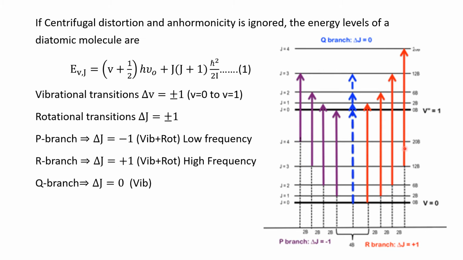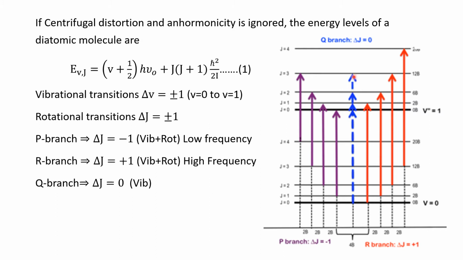For all these red lines, Δj = +1, and for all these purple lines, Δj = -1. However, for this blue line, we have Δj = 0, and it means that there is no rotational excitation. The only excitation is the vibrational excitation.